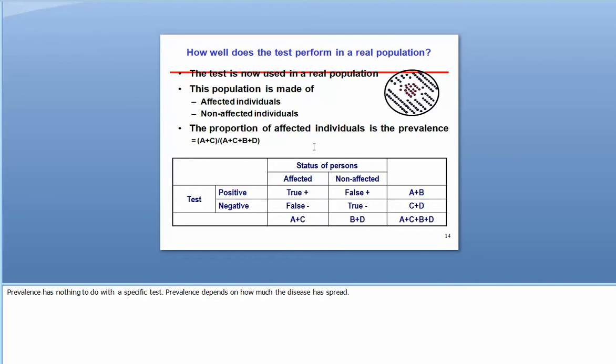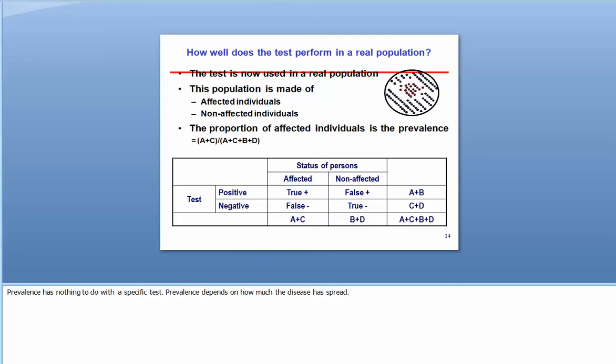Now, this is also an important measure to remember, the prevalence of a disease. Prevalence has nothing to do with a specific test. It is something that is happening in the community because the disease has spread, right? The test has nothing to do with the prevalence. The test does not influence the prevalence, and prevalence does not influence the test either.